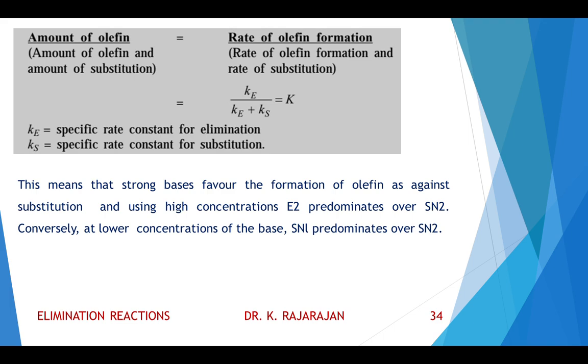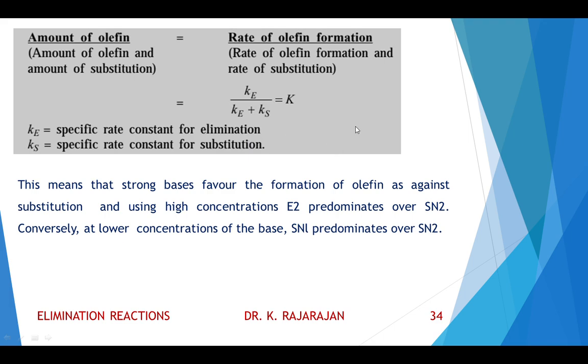The amount of olefin is equal to the rate of olefin formation. So this will be given as Ke by Ke plus Ks is equal to K, where Ke may be designated as the specific rate constant for elimination and Ks as the specific rate constant for substitution.